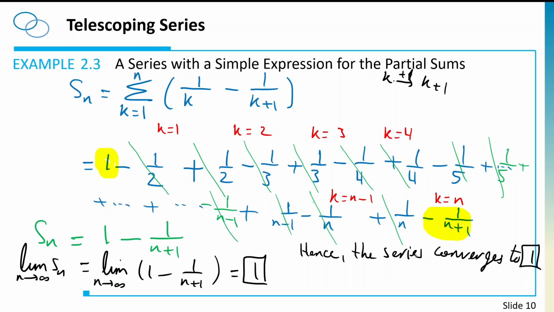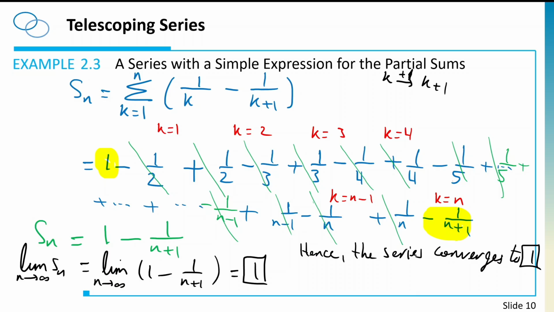If the difference is 2, I'll keep 2 terms at the beginning and 2 terms at the end. Not necessarily the first one or the last one, but from the first part I'll keep 2, and at the last part I'll keep 2. In the next few questions, we'll try to follow this faster technique.